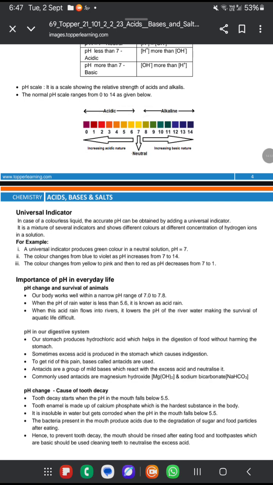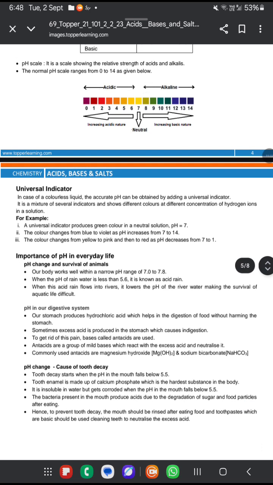Antacids are a group of mild bases which react with the excess acid and neutralize it. Commonly used antacids are magnesium hydroxide, Mg(OH)2, magnesium bicarbonate, and NaHCO3.